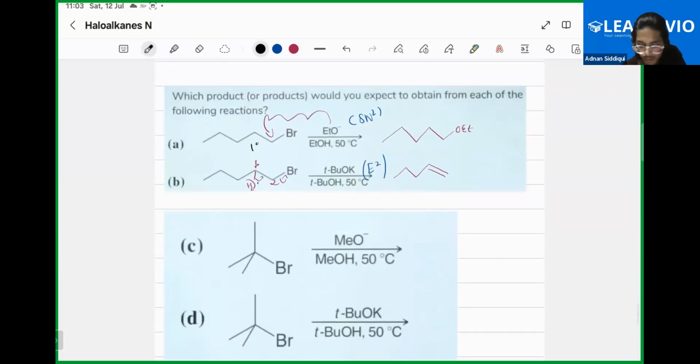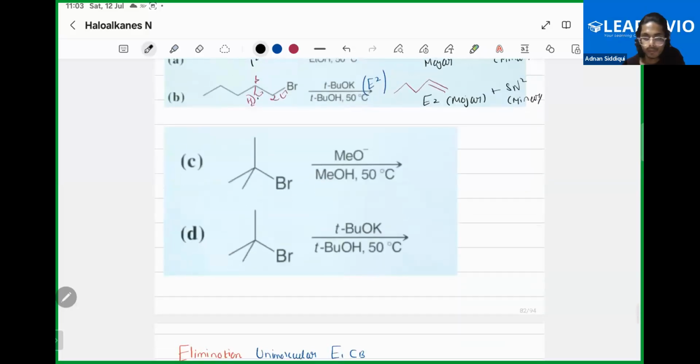For this one, your SN2 will be major and E2 will be minor. For the second one, your E2 is major and your SN2 will be minor.